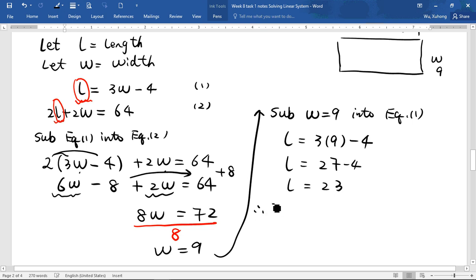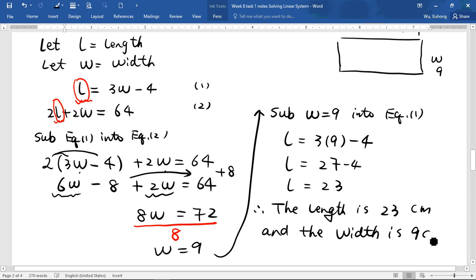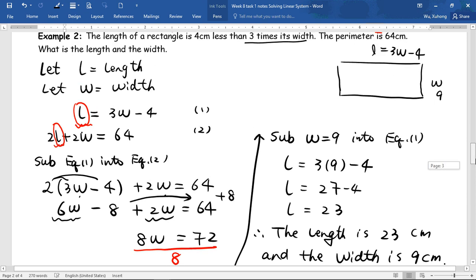Then write the statement. Therefore, the length is 23 centimeters and the width is 9 centimeters. Okay, this is how you do this question.